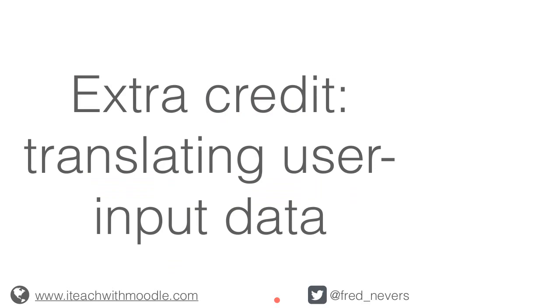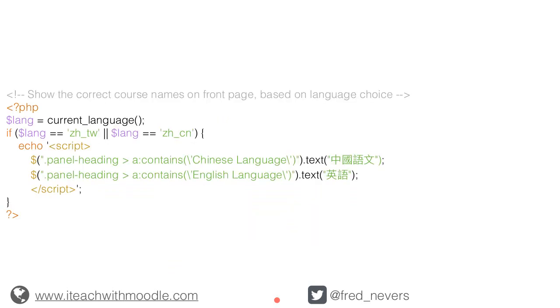You can do other things with user input data that cannot be taken care of by the filter. This one is not really for the faint of heart, but using a bit of jQuery in your code, if you've got admin access to your website, you can actually add some code. Briefly, what this does is check what the current language is of the person who is logged in.